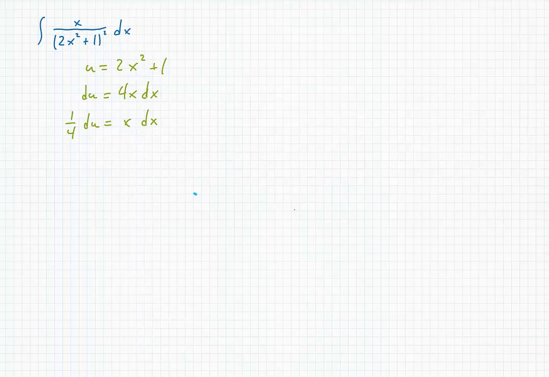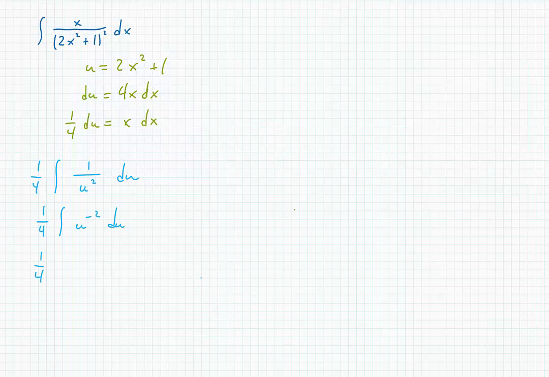So if we do our substitution, we're going to go 1/4 times the antiderivative of 1 over u squared du. And again, I couldn't do 1 over u when u is -1. We know that our power rule does not work, at least not yet. So we're going to have 1/4 times the antiderivative of u to the -2 du.